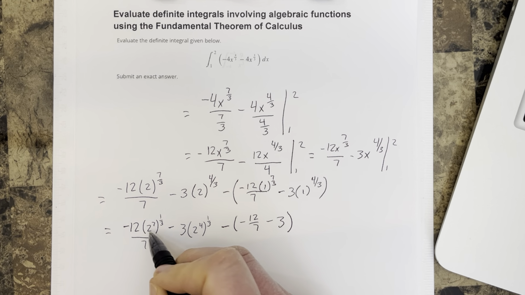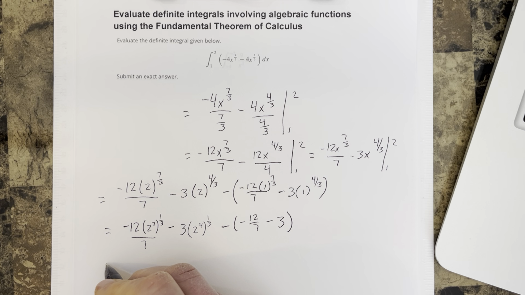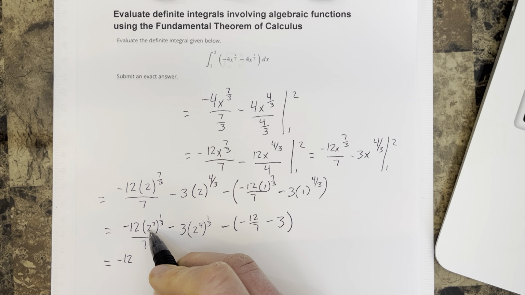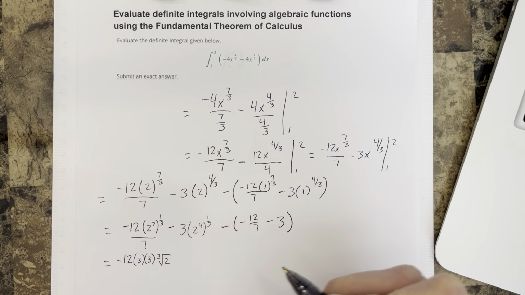So when I do that, I end up having this all equal to negative 12. Take out 2 sets of 3, so basically take out 2 3's being multiplied there. So I have times 3 times 3, and I'm left with the cube root of 2 inside there.